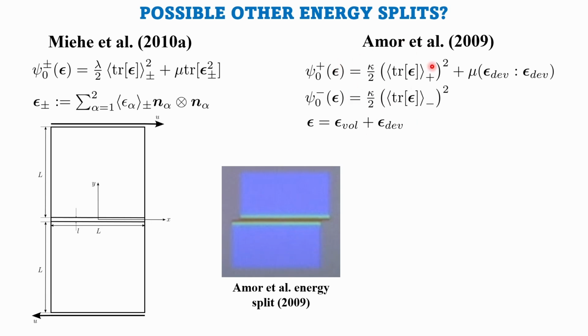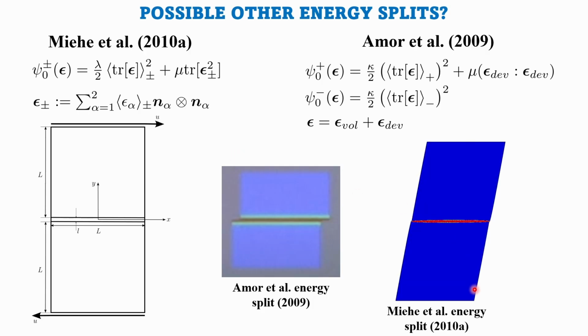So using the Amor split, this was happening. Okay, this is taken from their paper from 2009, and you see that these blocks are sliding against each other. But if you use Miehe's split, we get this, which is not physical. Okay. So again, it depends on the problem, it depends on the scenario, and it also depends on the material.